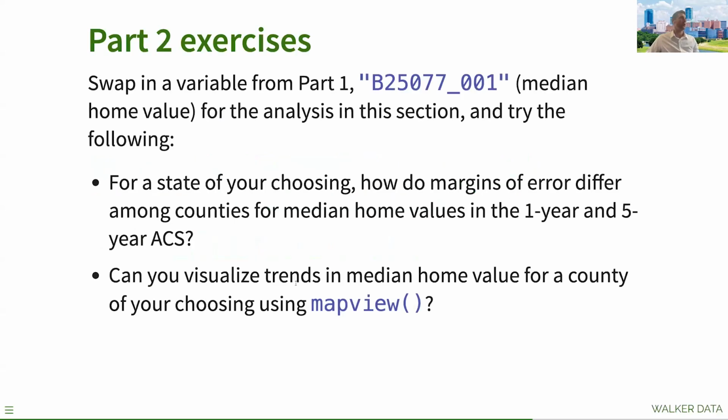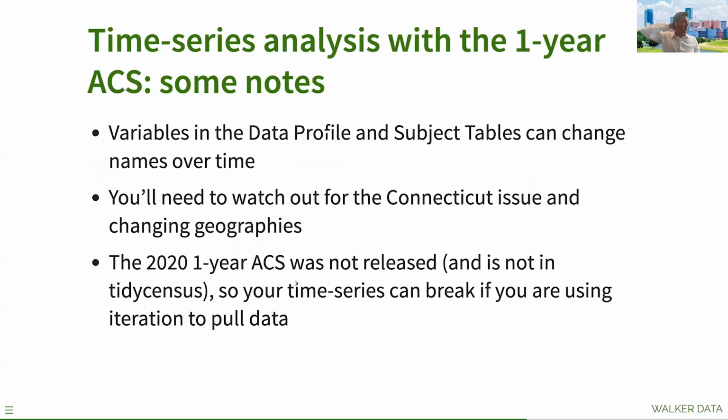One mentioned, and I skipped over the time series, so why don't I just jump back and talk about this? If you're trying to do time series analysis, a lot of people like to do this, especially with the 1 year ACS or with the 5 year ACS even. Variables in the data profile and subject tables do change over time. And this can be surprising and sometimes frustrating, where you're trying to pull for a given variable, say from the data profile from 10 years ago, and compare it with the most recent data, and the values are completely nonsensical.